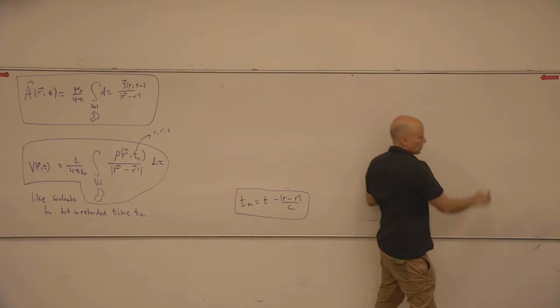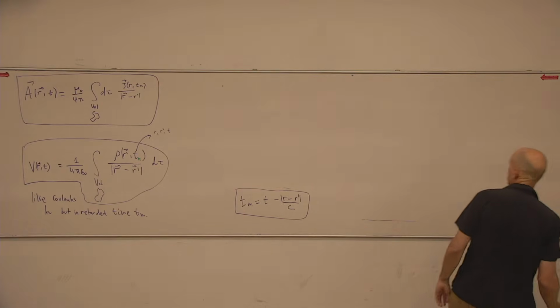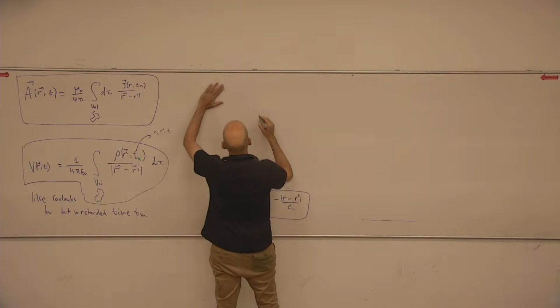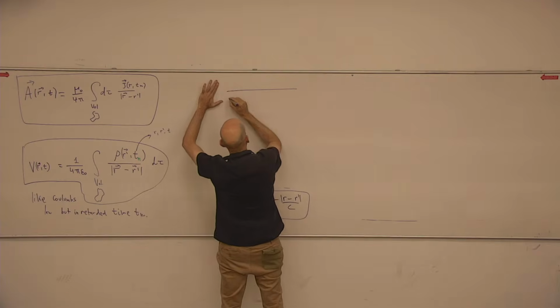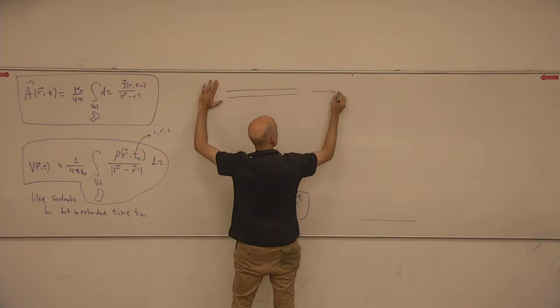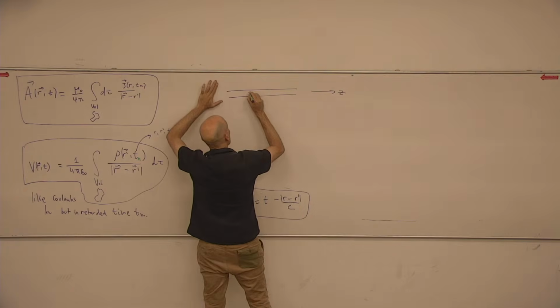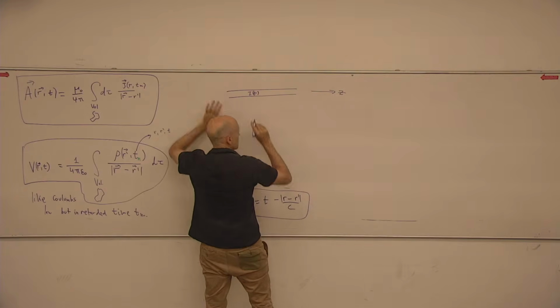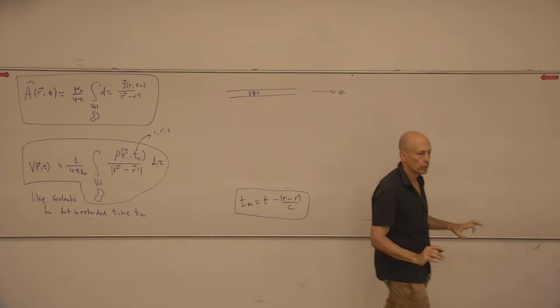So Griffiths wants us to solve the following problem. We have a tube, and this is going to be the z direction, and I have in it a current. This is a wire, so it's a one-dimensional object.